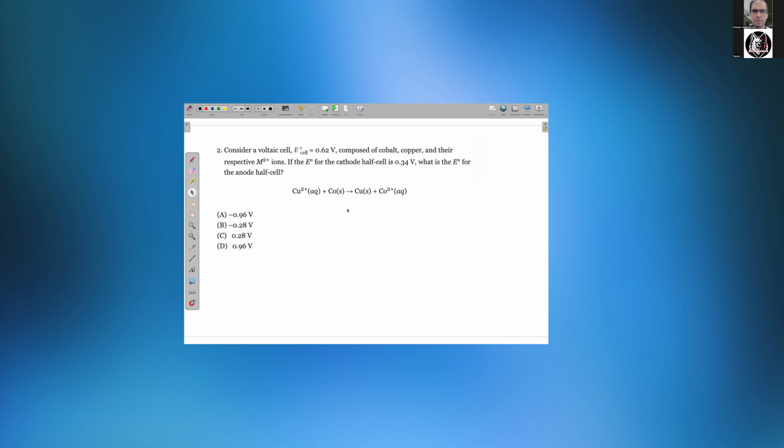Well, how come? How did we get it? Okay, so we have to explain now. Because the anode half cell is for the oxidation, we flip it so it becomes positive, and we add them. Exactly. So we add them and then it will be 0.28. That's perfect. Very good. Next one is this one.